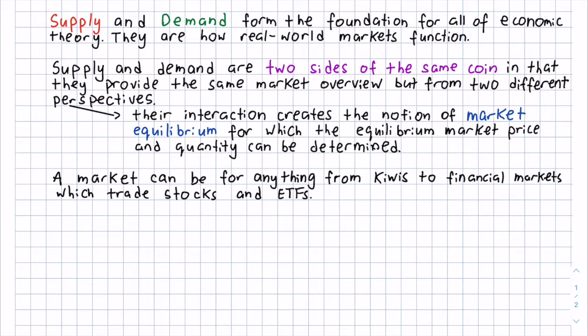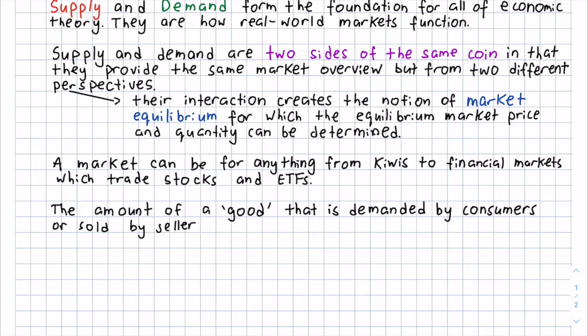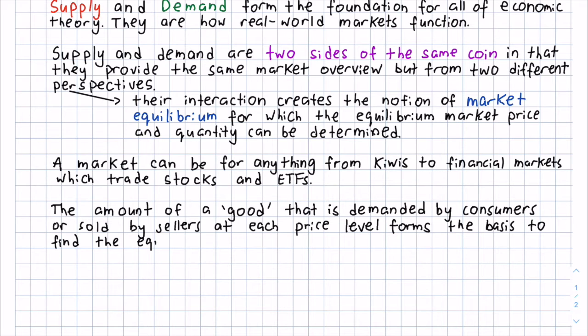The amount of a good that's demanded by consumers or sold by sellers at each price level forms the basis to find an equilibrium market price and quantity. Essentially, the amount that buyers are willing to buy and sellers are willing to produce allows us to find a price and quantity where they interact.